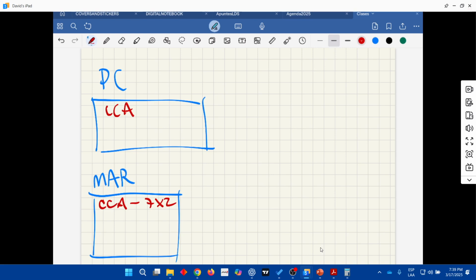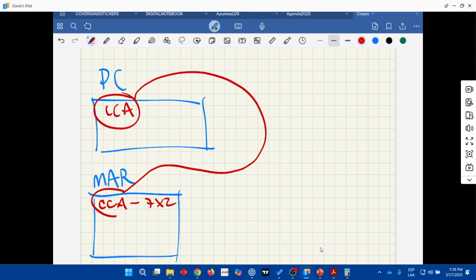The memory address register has it, but using an address. So let's suppose that this is the address. That means that if this one is going to be executed, we come here to this address, and here we have the operation that we are going to perform.